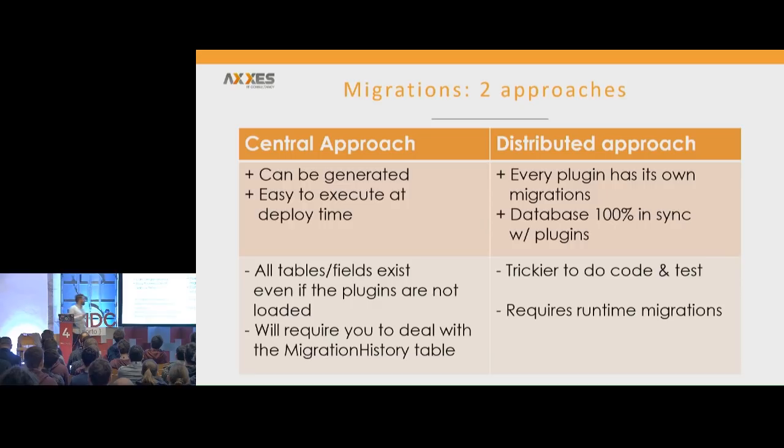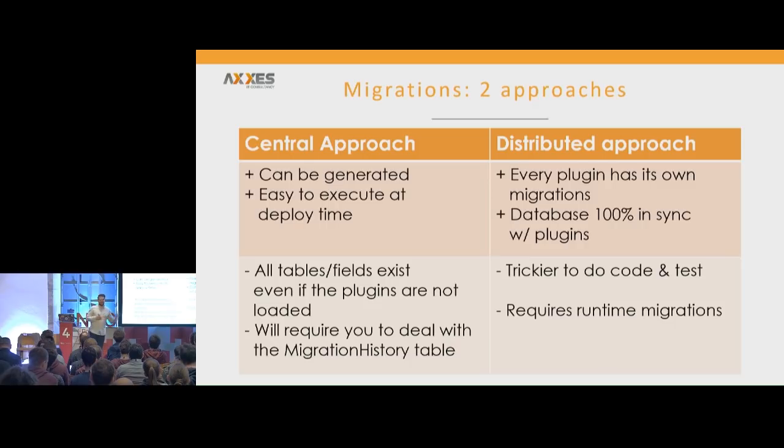Now, the other approach that you can take is you can keep your migrations separated. And I like that idea a lot better, because you can basically have your database migrations in sync with the code that you write. It means that you will write the migrations that are necessary for a plugin in each plugin. And that's really cool, but it almost forces you to do runtime migrations, because you will have to see which plugins are there and then see if there are missing migrations and run them.